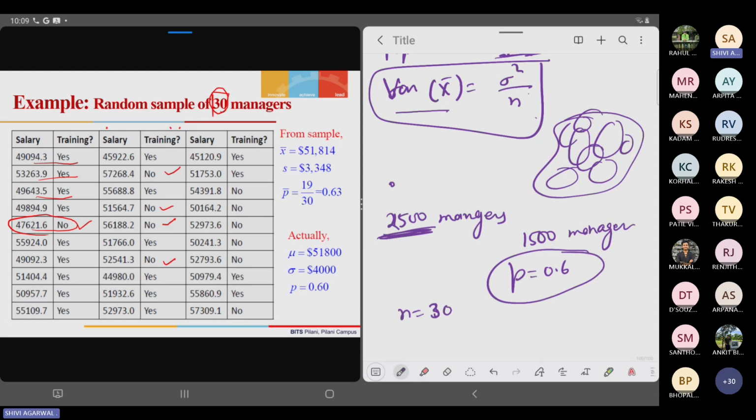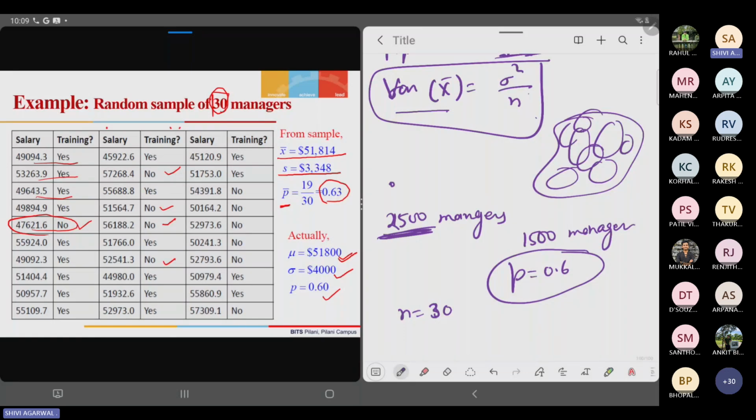From that we find that x bar is equal to $51,814, because this is a sample, and in the sample we calculate the x bar. The sample standard deviation, using the formula you have done, is $3,348. So the proportion of success is 0.63. Actually, the population has a mean of $51,800, sigma equal to $4,000, and a probability of success of 0.6.